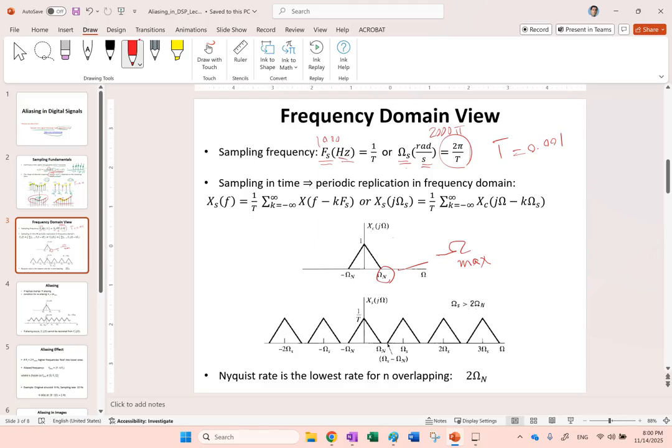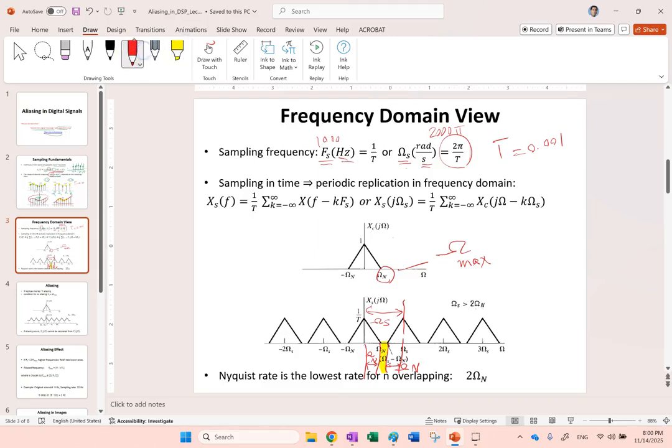Now, if you look here, this distance from here to here is omega n. This one from here to here is omega n. And this distance from here to here is what? Is omega s. So you have 1 omega n here, 1 omega n here, right? And there is also some gap between them to get it equal to omega s.